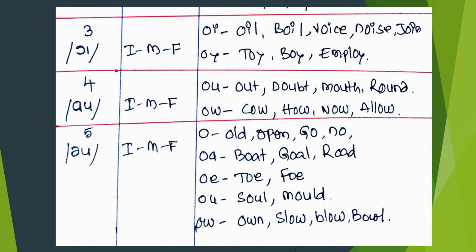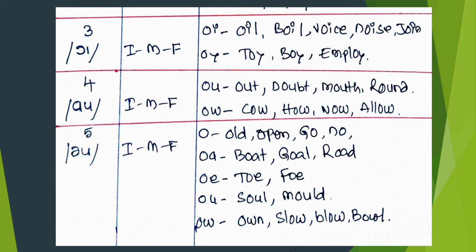Yeah, this is also an IMF sound, that happens initially, medially and finally. Initially it happens in words such as OIL. We used to say this one differently. No, it is oil, oil, initial. Medially it happens in words such as BOIL, that is boil.